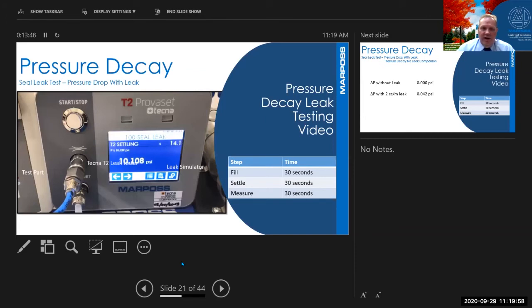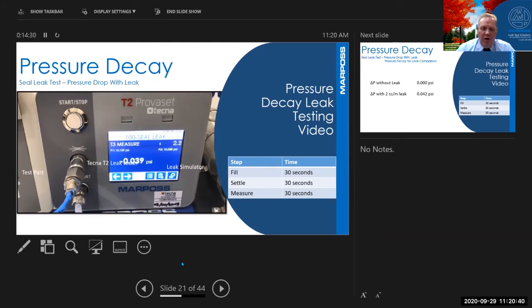Kind of cheated a little bit here telling you that it has a leak in it, but what we did is we installed a 2 cc per minute leak, and we're looking at the actual pressure change that's going on for this step. And so what we're seeing, this pressure drop right here, this is what's caused by that 2 cc's being installed.